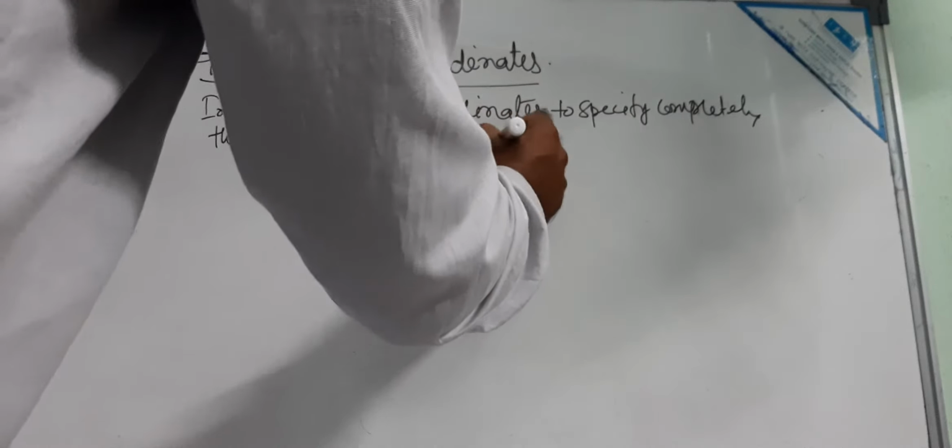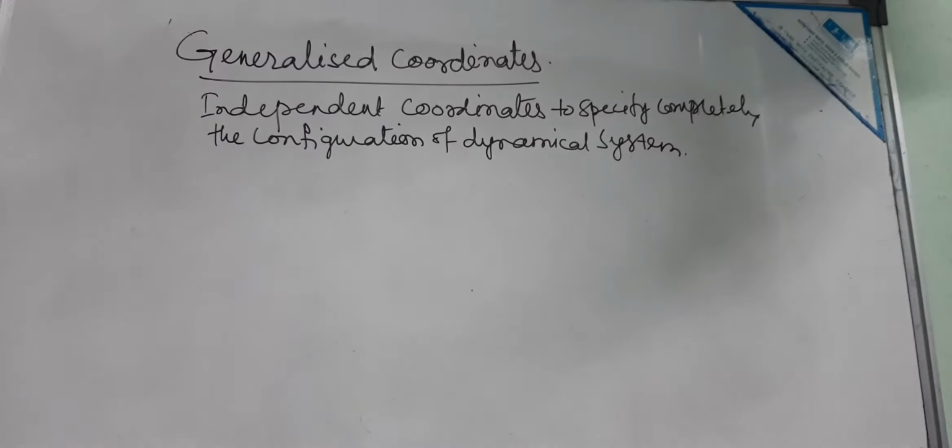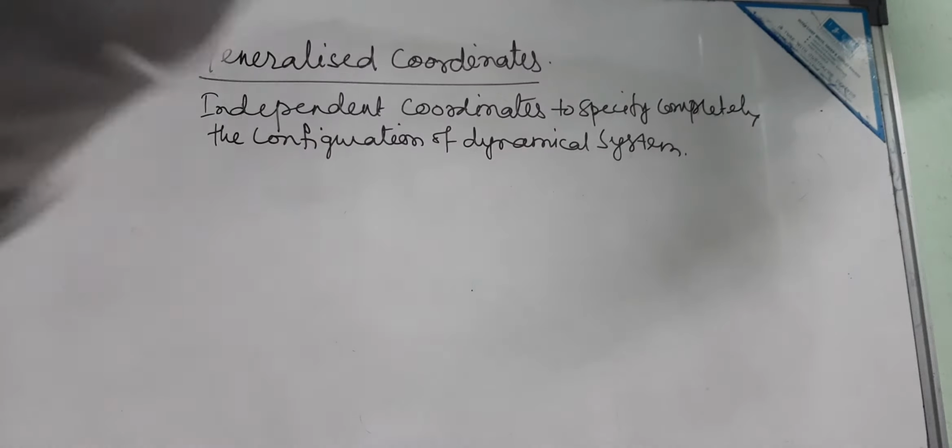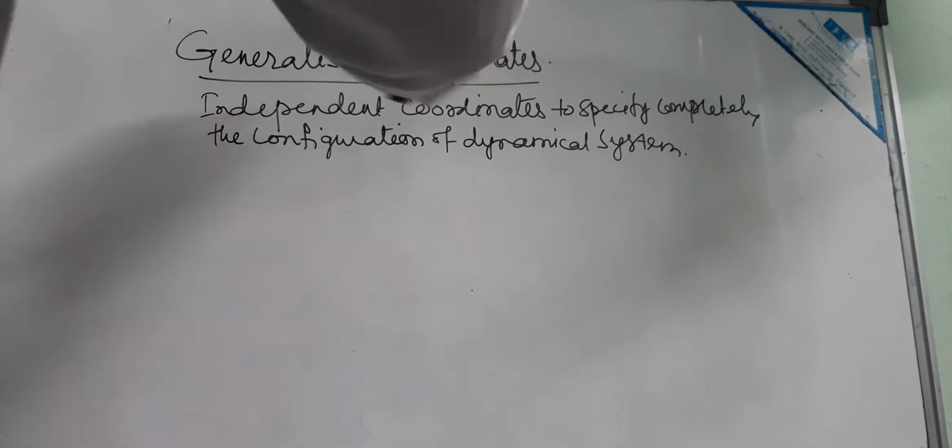The configuration of a dynamical system means they may be varied arbitrarily and independently of each other without violating the constraint of the system.